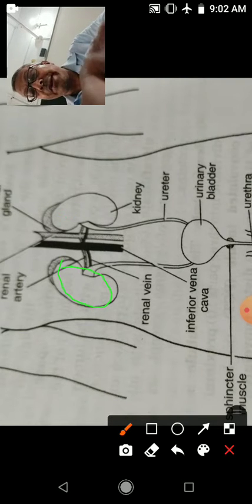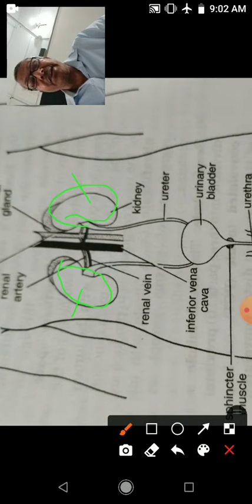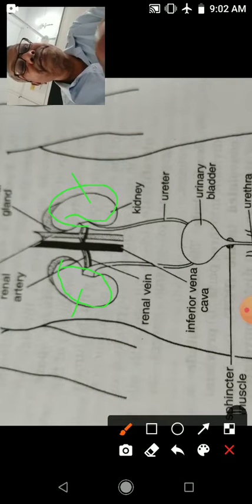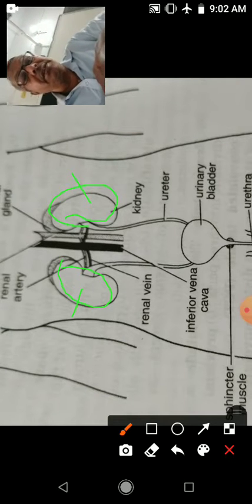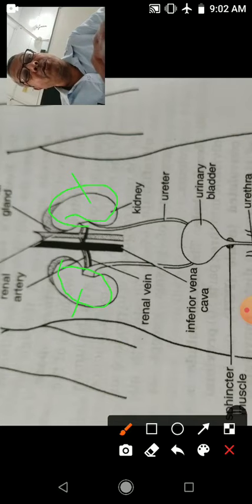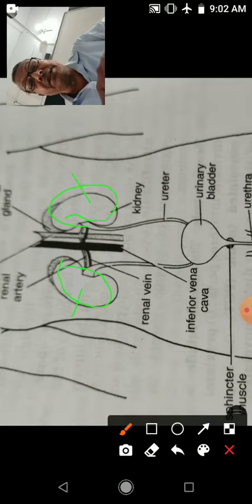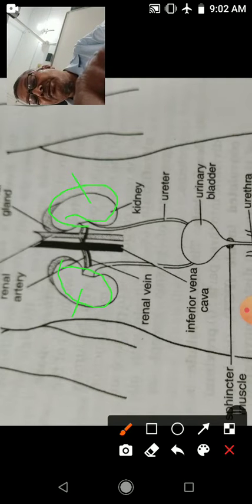There are two kidneys. One is the left kidney and the other is the right kidney. The kidneys are located in the upper posterior part of the abdominal cavity on the side of the vertebral column. In the middle is the vertebral column.